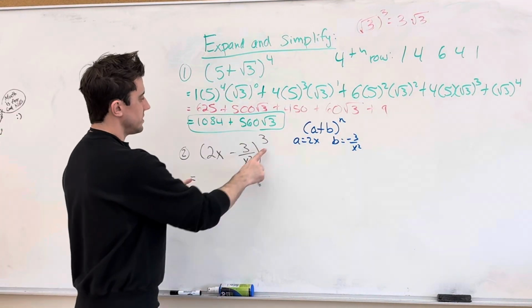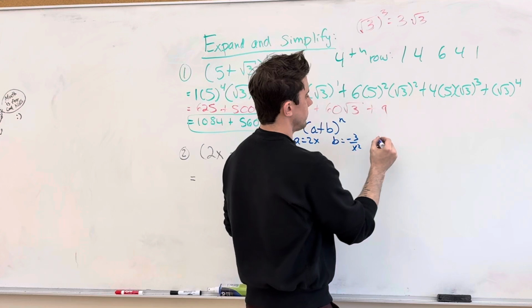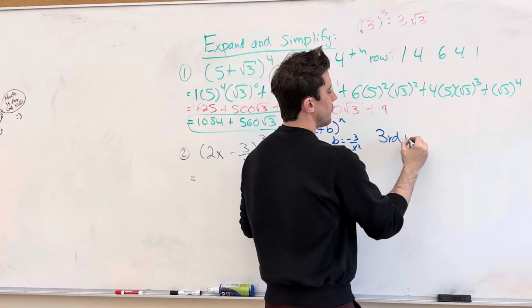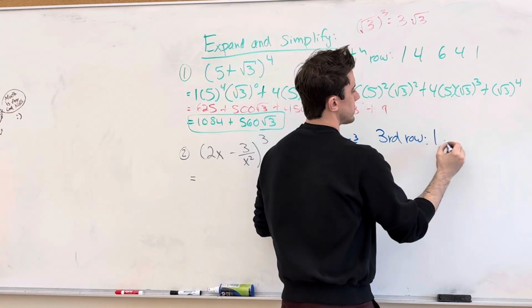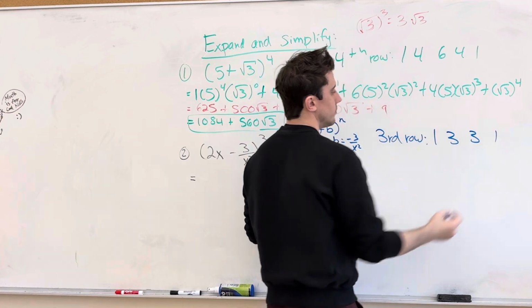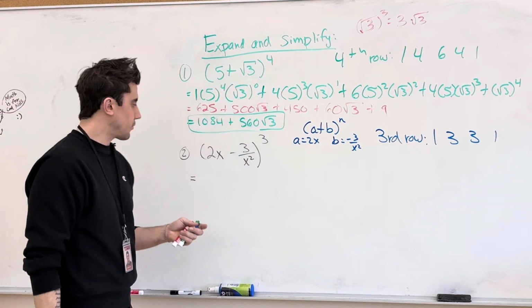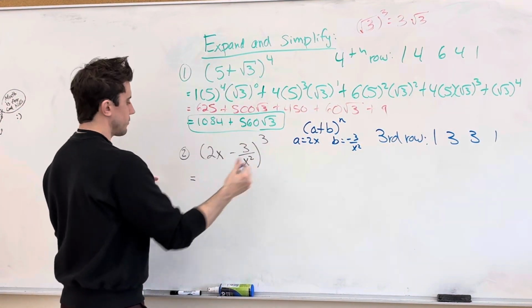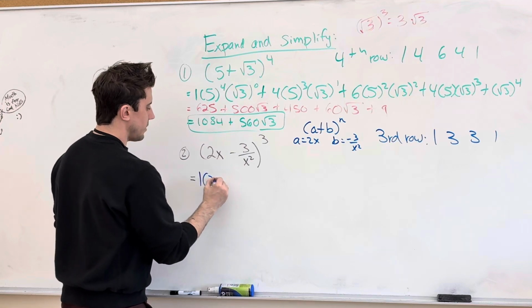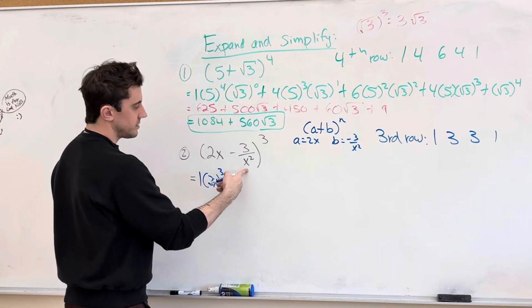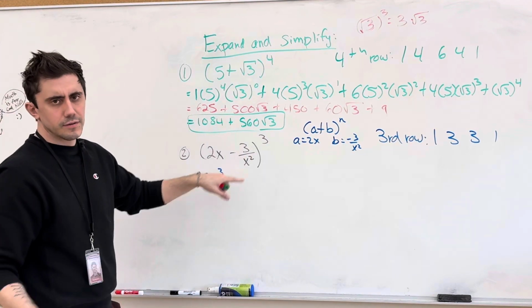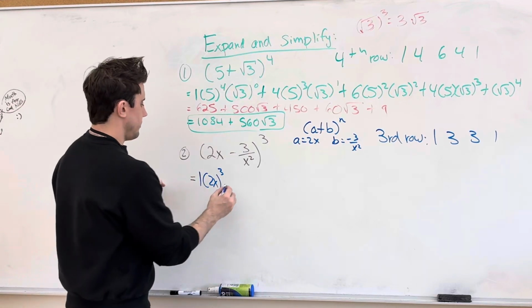And so this is to the power of 3, and so our third row of Pascal's triangle looks like 1, 3, 3, 1. So those are coefficients for our 4 terms. And so we'll start off with a 1 times 2x to the power of 3 times b to the power of 0. I'll omit it for the sake of time.